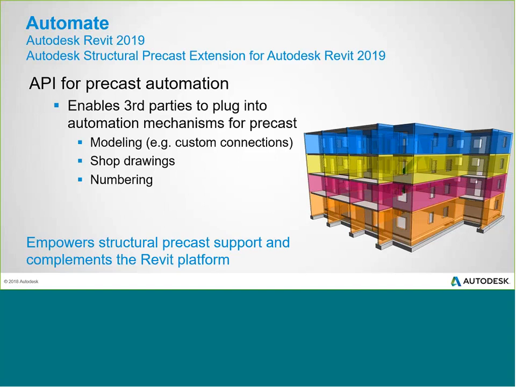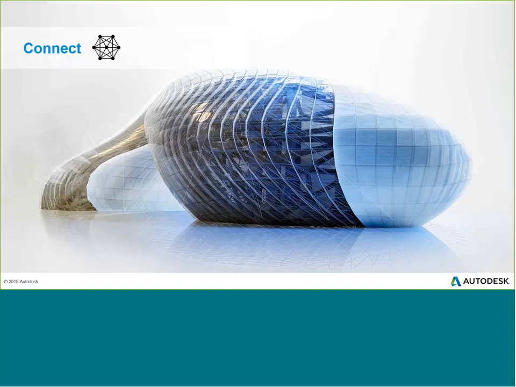So if there's any developers out there that are trying to create new utilities for the precast content, they unlock the API so that they can get in there and create additional utilities. So a lot of the discipline enhancements that were added this year did have pretty good focus on structure. There's a couple here at the end that I'm about to show.